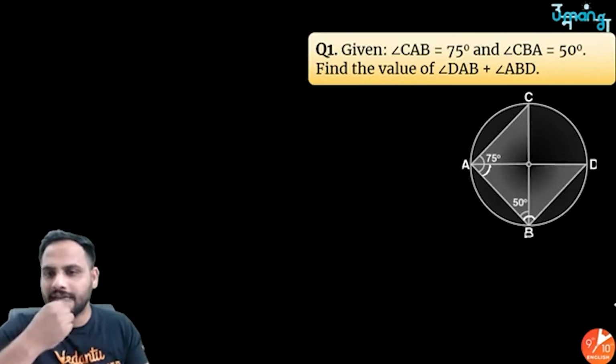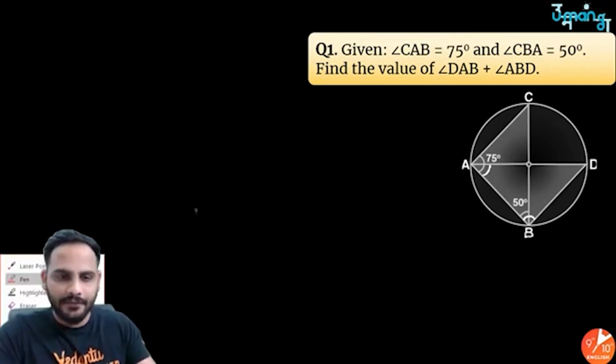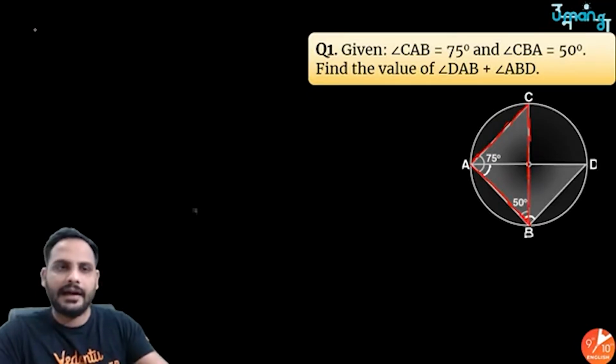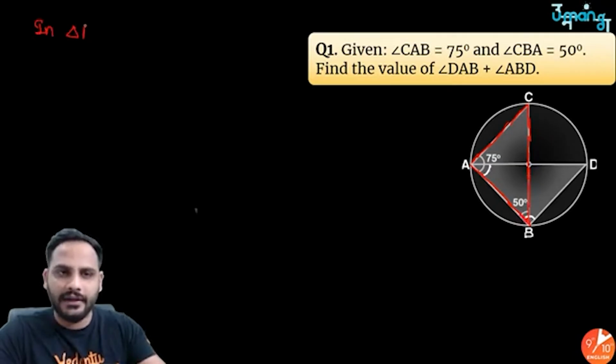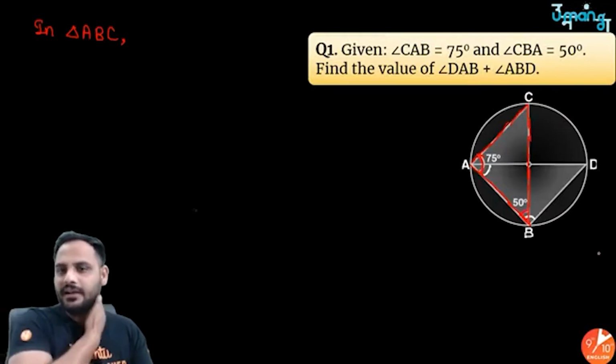Right? So what I will say now, sir, first thing I know, if I look carefully, if I look at the triangle ABC, I can clearly say, sir, in triangle ABC, one angle is 75 degrees, one angle is 50 degrees, so I can clearly get the remaining angle, right?